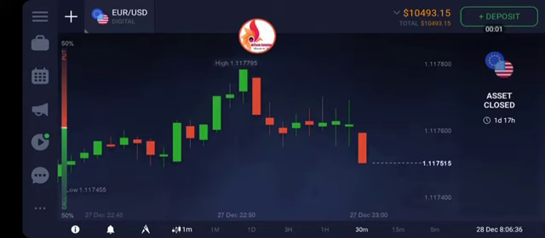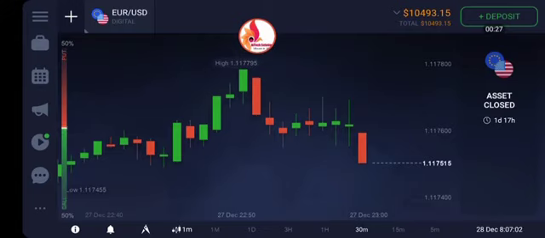Okay, so after changing our chart to candlesticks, the next thing we want to do is to add our indicators. Indicators are very necessary for us to read what may likely happen in the market in the next 1 to 3 minutes.